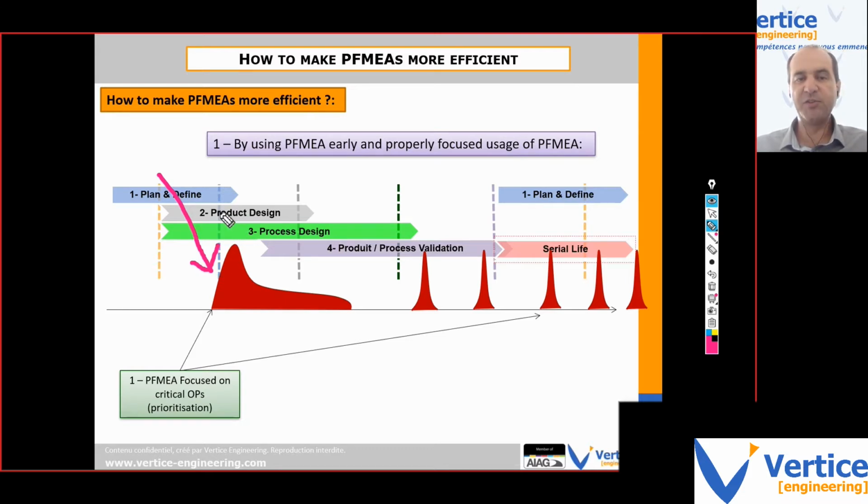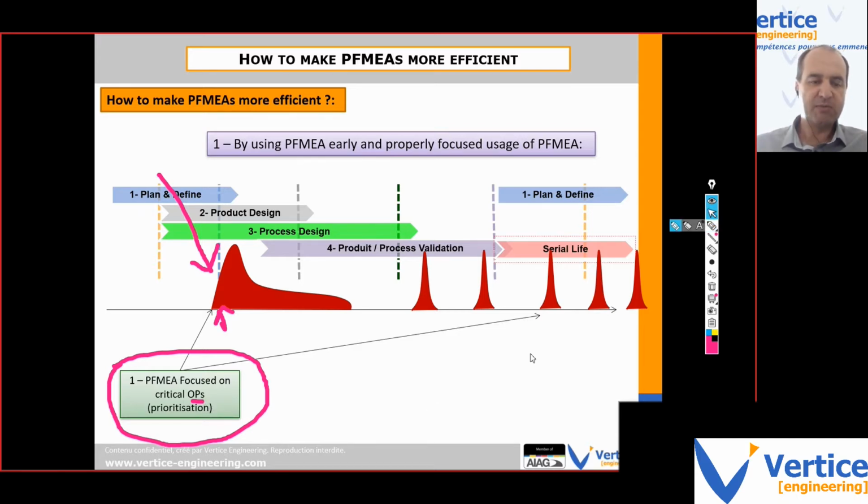Actually, at start of product design, we can already start a Process FMEA. Start as early as possible. But one key idea is to focus Process FMEA early in the project on the most critical OPs. It means the most critical process steps, right?